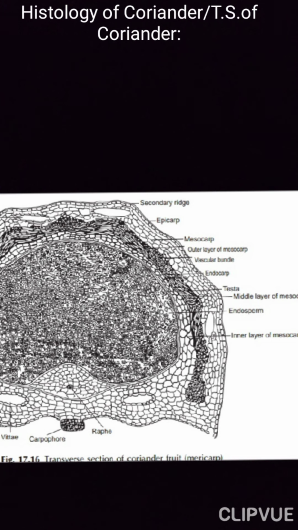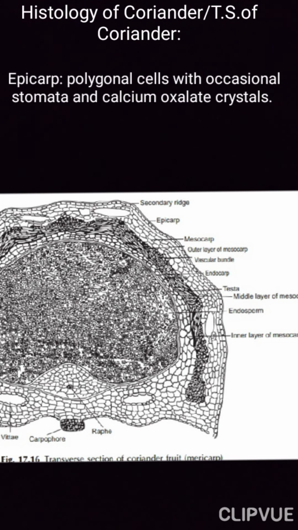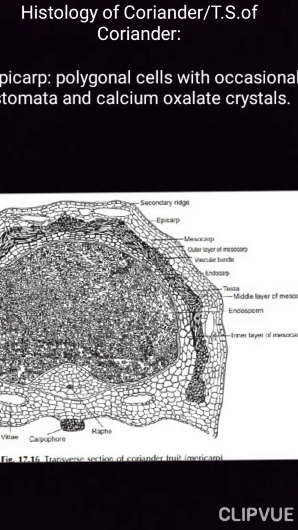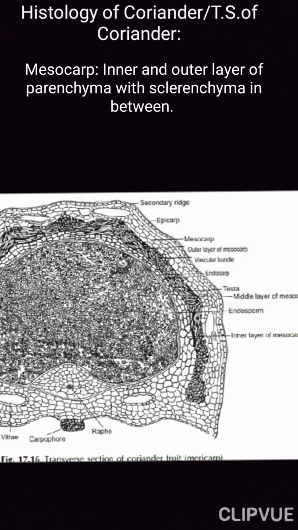The first one, epicarp. These are polygonal cells with occasional stomata and calcium oxalate crystals. Second one, mesocarp: inner and outer layers of parenchyma with sclerenchyma in between.